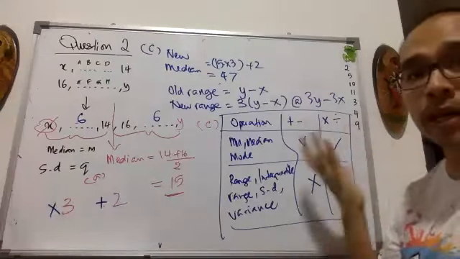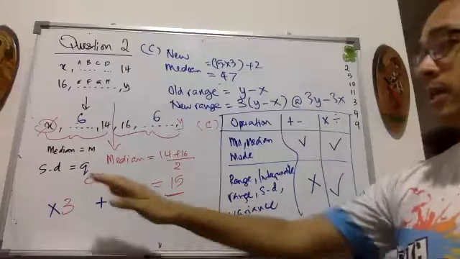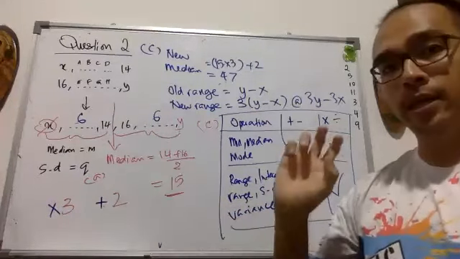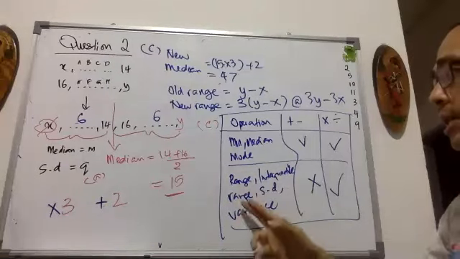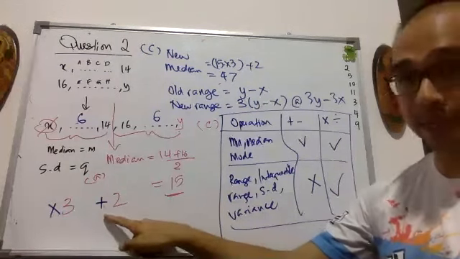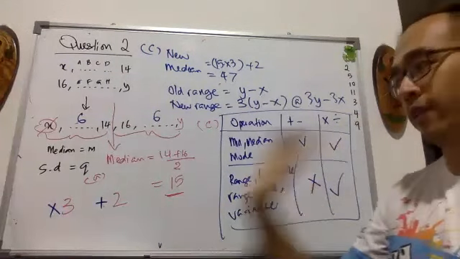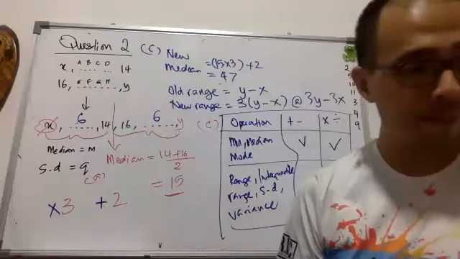Do I know what's y and x? I don't. Do I care? No, I don't. Yang penting kita ikut, we follow the rule. The rule says that for range, it's only affected by multiply. It's not affected by the plus. But for mean, median, and mode, it's affected by everything. So we take it from there.